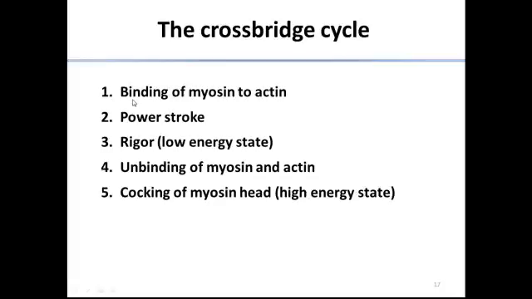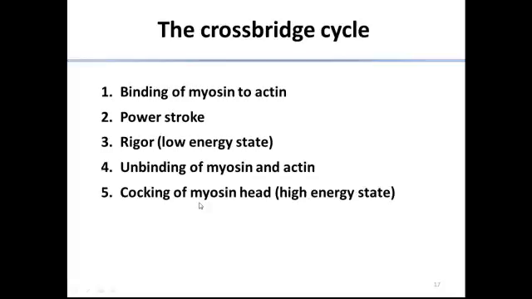So these two filaments start to interact with each other, and you have a power stroke. After the power stroke, it goes to the low energy state, which is the rigor. Afterwards, it's the unbinding of myosin and actin in the presence of ATP. Then it's the cocking back of the myosin head. This is a high energy state.